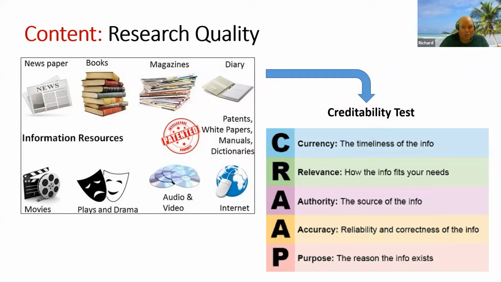The authority is where it comes from, who says yes, it's a good article or whatever. If it's backed by a mainstream publisher or a journal, or a professional community, absolutely. Accuracy, the reliability and the correctness of the information. So we're looking for factual information, certainly not opinion-based.